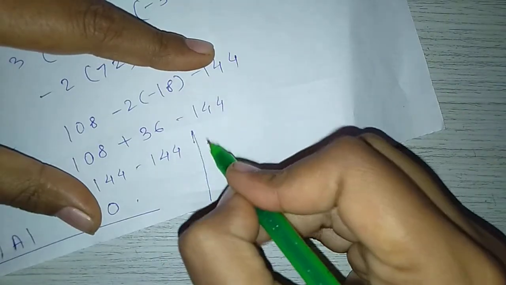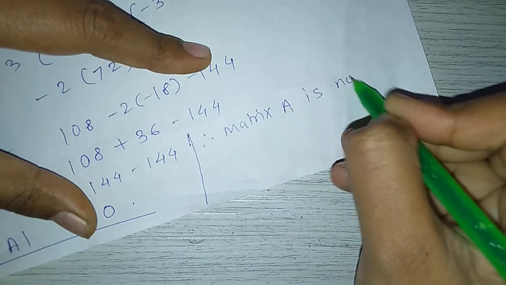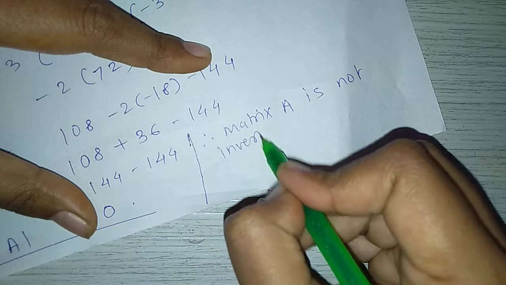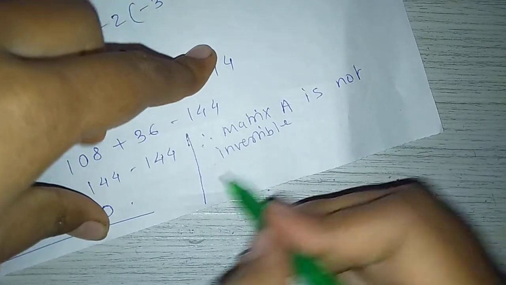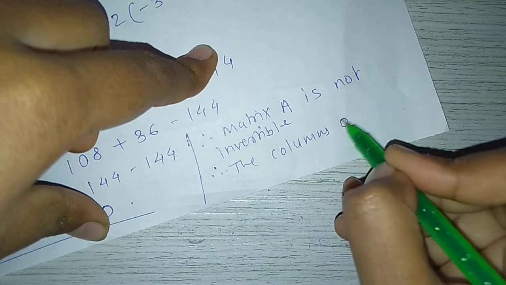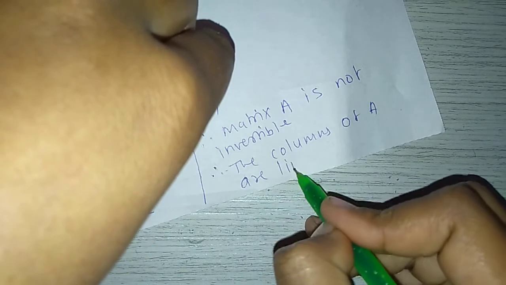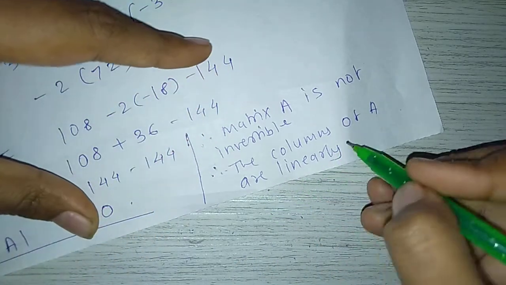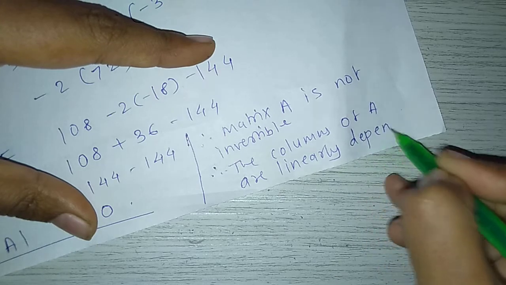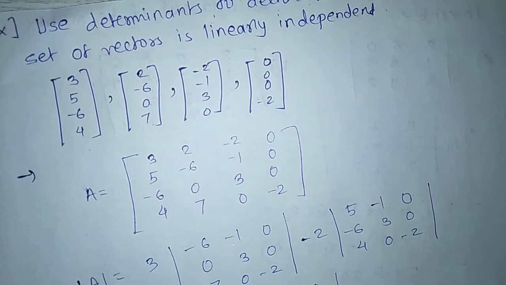Therefore, the columns of A are linearly dependent. The columns of A are nothing but the given vectors. So the given set of vectors is linearly dependent.